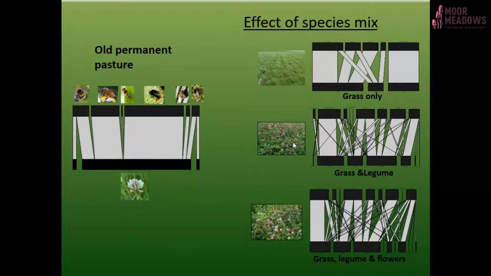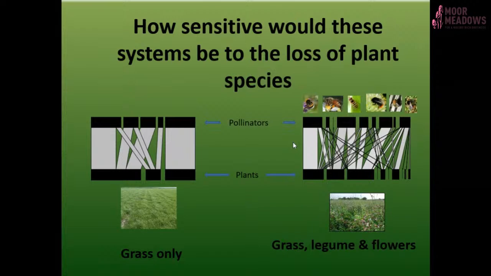Now, what I'm going to talk about next is what happens when you simplify your grasslands or your meadows. So here we have on the left-hand side a grass-only sward, 3 species of grasses, and they might be ryegrass, Italian ryegrass, and a hybrid which is called a festulolium, which is commonly what most of our silage fields contain.